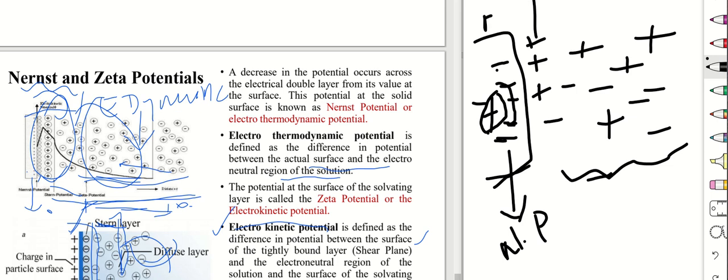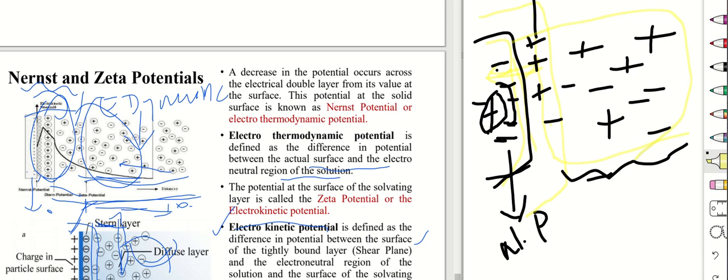So here would be the Nernst potential. Understood? Here, between the Stern layer and the start of the diffusion, this one is the Nernst potential. Zeta potential is exactly from the beginning of the diffusion layer throughout.